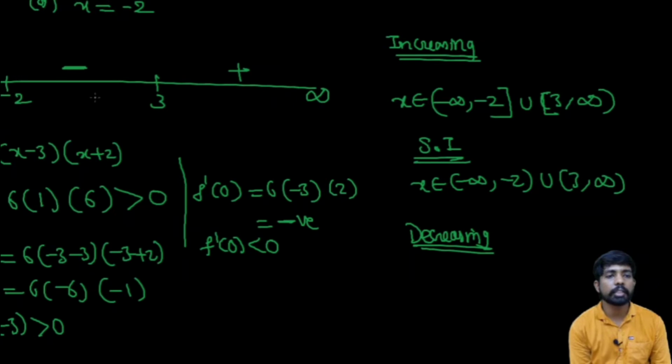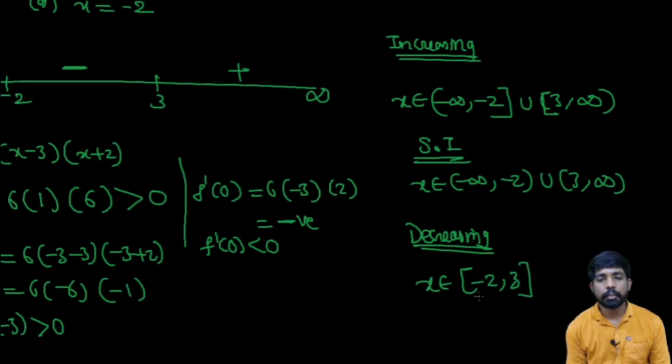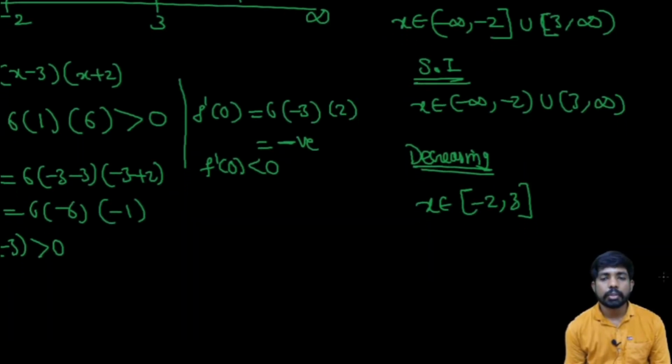So the interval is minus 2 to 3. So x belongs to minus 2 to 3, including minus 2 and including 3. And strictly decreasing is x belongs to minus 2 comma 3.